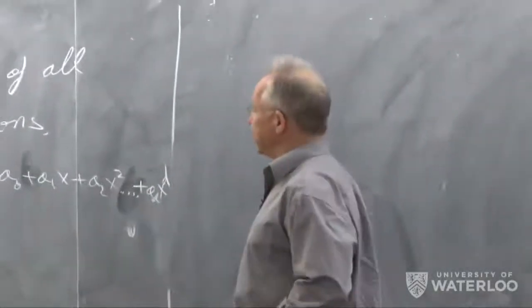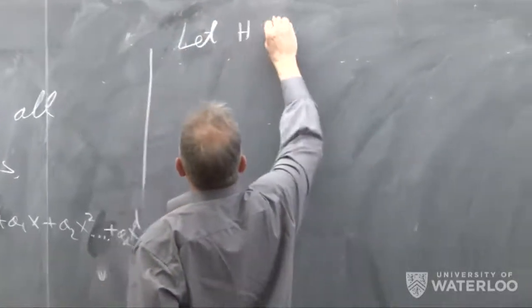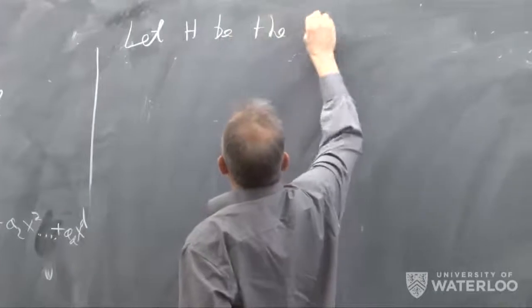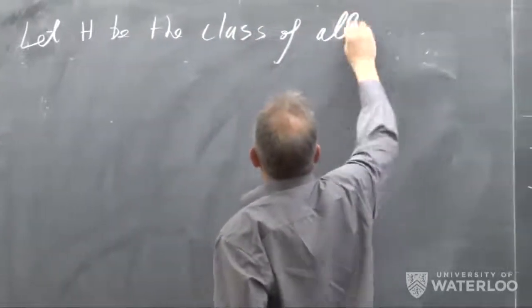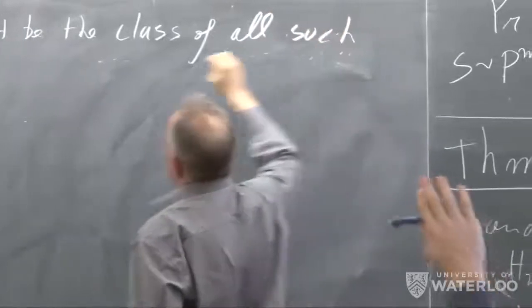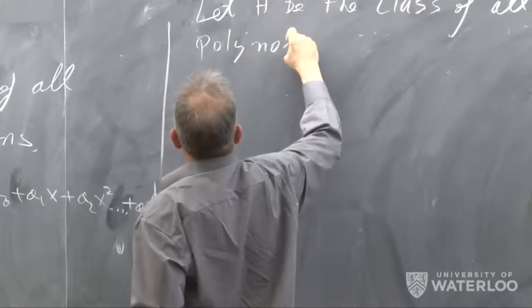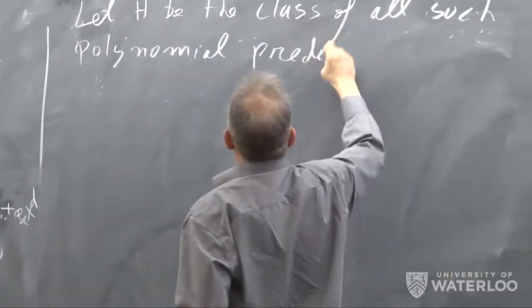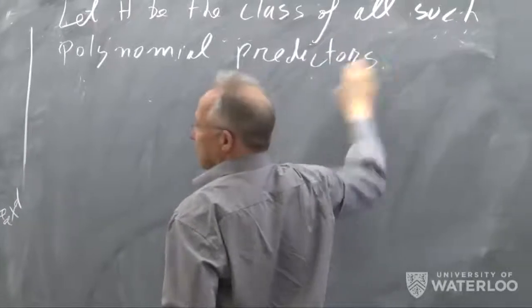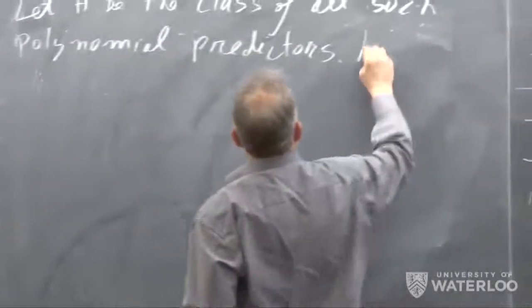And now for my example, let H be the class of all such polynomial predictors, HP.